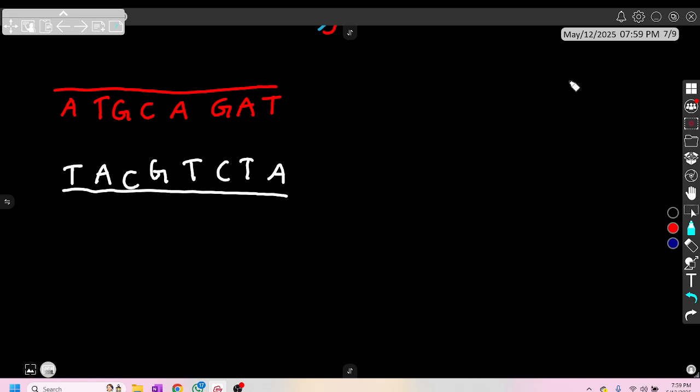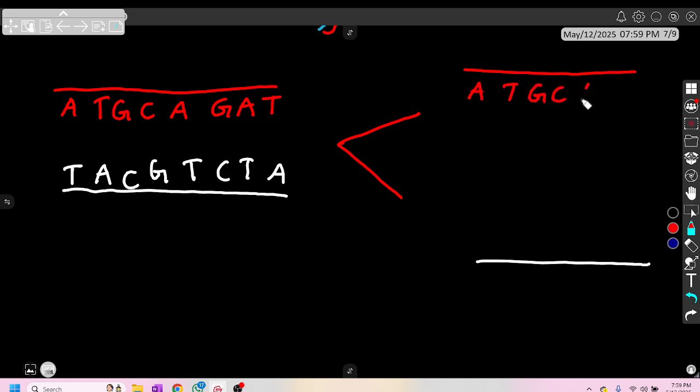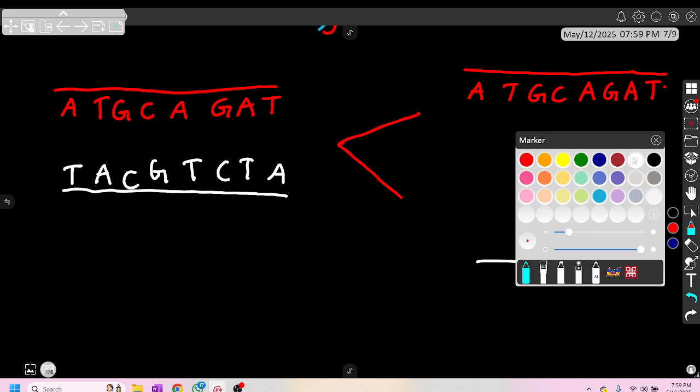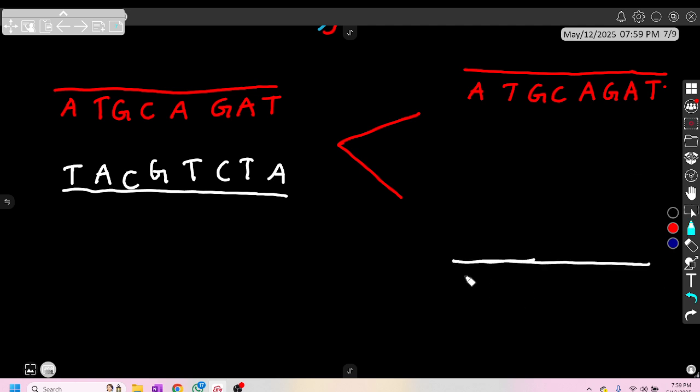Then these two strands separate. This is one strand and this is the second strand. In this strand we can write A, T, G, C, A, G, A, T. Then in the second strand, the sequence is T, A, C, G, T, C, T, A.